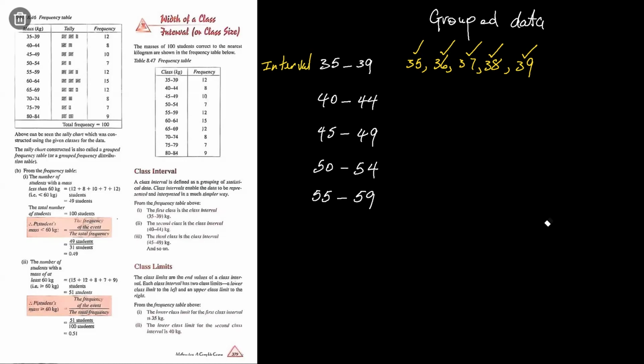The end values are called limits. So this has a limit. The lower limit is 35. The upper limit is 39. So we looked at class interval. Now we're looking at a class limit.